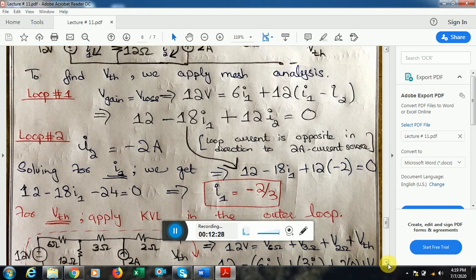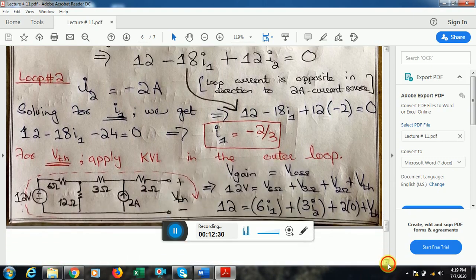Now actually we had to find V Thevenin, which can be found by applying KVL at the outer loop. This is my outer loop. So this is V gain is equal to V loss. While going from low potential to high potential, this is a voltage gain, this is a voltage drop, this is a voltage drop, this is a voltage drop, and obviously when I'm going from a high potential to low potential, V Thevenin also becomes a voltage drop.